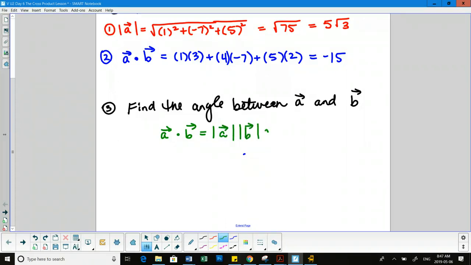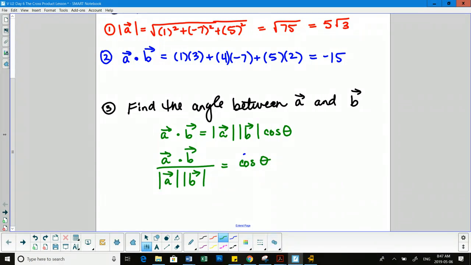Brian? Magnitude of A. Okay, and then we divide out each of the magnitudes of these vectors. So I'm going to divide this by magnitude of A times the magnitude of B. And then we'll take the cos inverse of that answer.